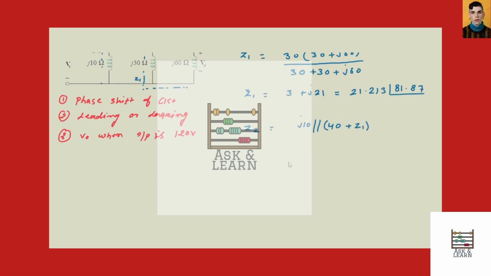Okay, so now calculate this value. Z2 equals j10 into 40 plus Z1 upon j10 plus 40 plus Z1. Fine. Now put the value of Z1.